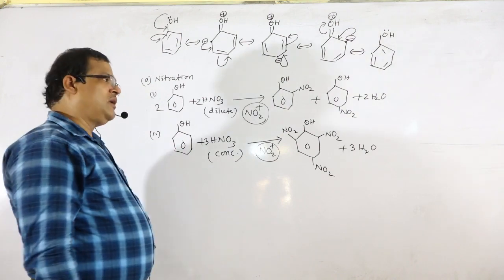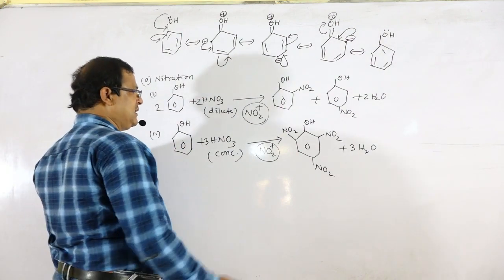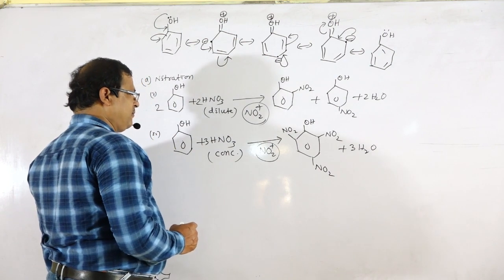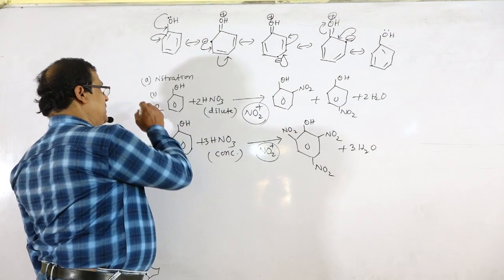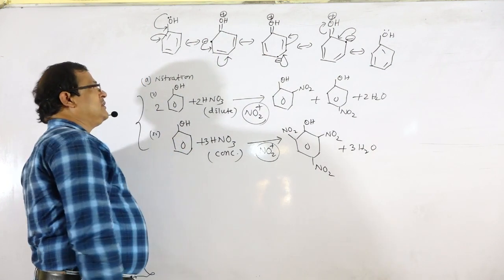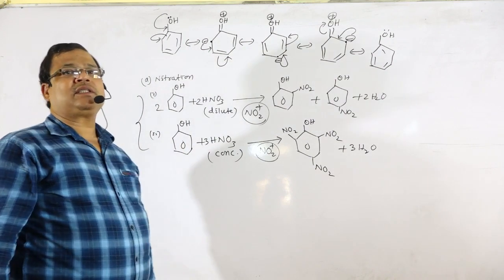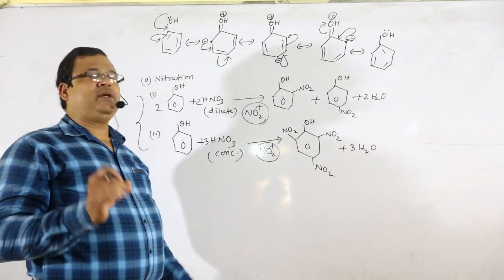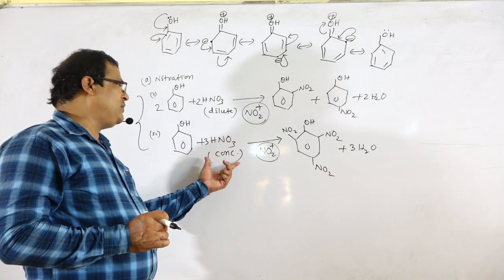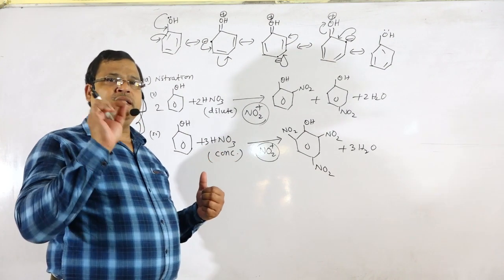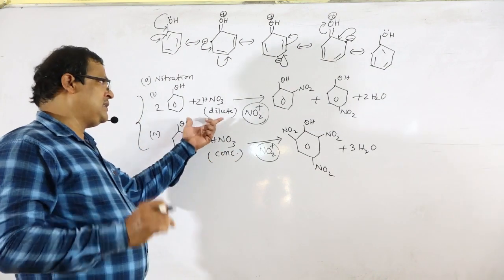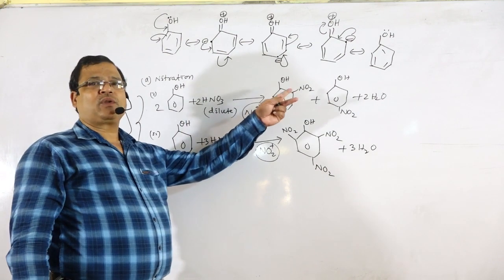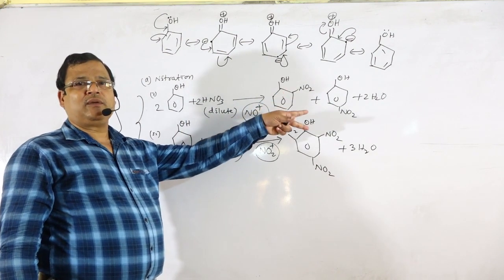2,4,6-trinitrophenol, otherwise known as picric acid, is the formula for that. So the nitration of phenol is explained on the basis of whether we have used dilute nitric acid or concentrated nitric acid. If we have used dilute nitric acid, then there is the formation of orthonitrophenol and paranitrophenol.